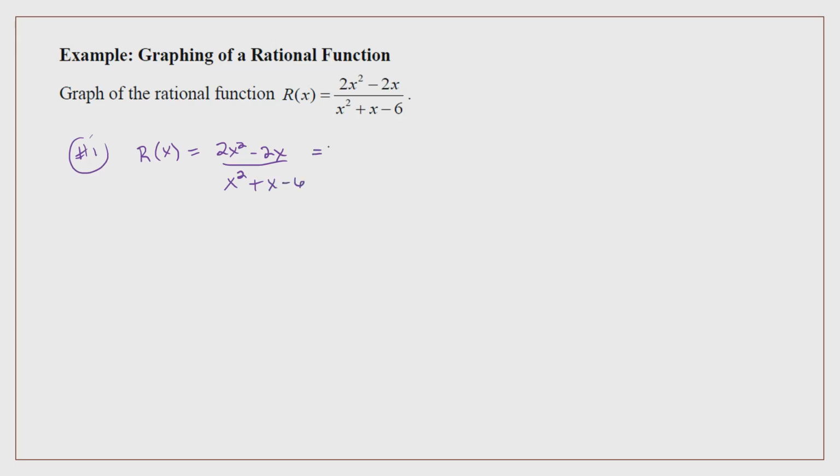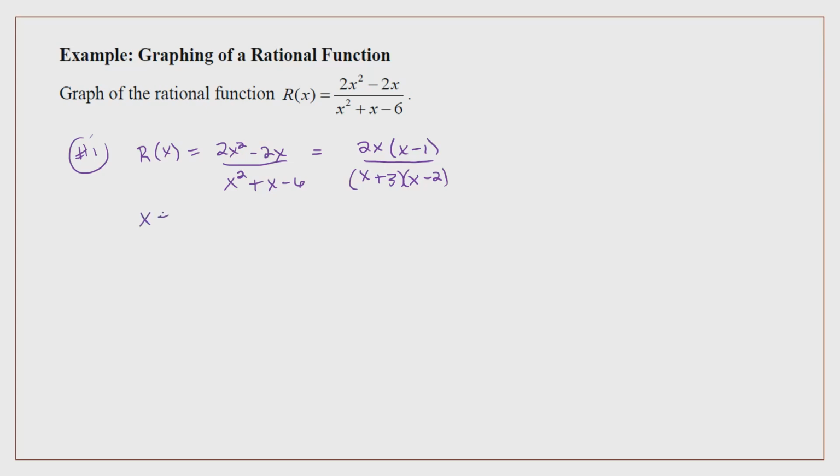Okay. In the numerator, I can factor out a 2x, which leaves me with x minus 1. In the denominator, our quadratic can be factored into x plus 3 times x minus 2. So to find the domain, we're going to set our denominator equal to 0.